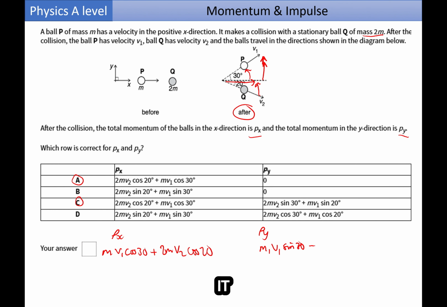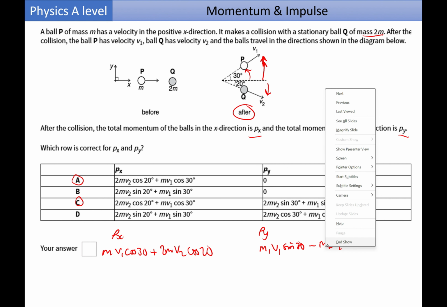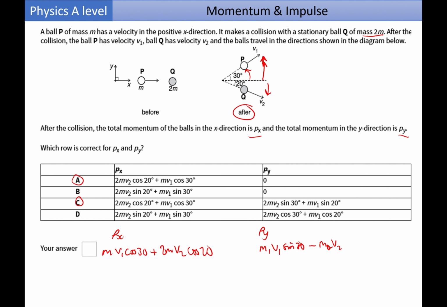And we're going to minus it because v2 goes the opposite way. So v2 obviously goes opposite to p, so that's going to be minus m2 v2, well, m had a mass of 2m, so it'll be 2m v2 sine 20.